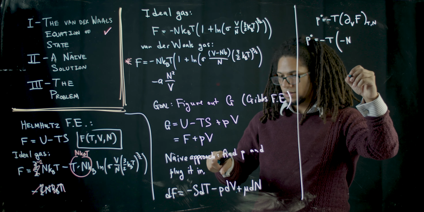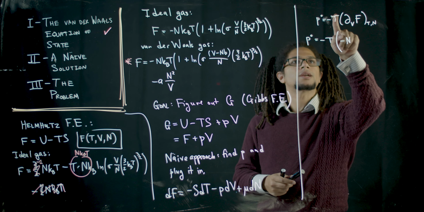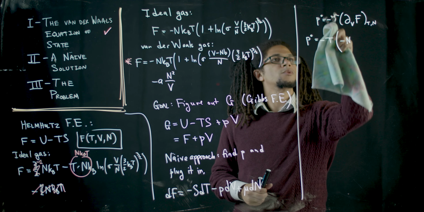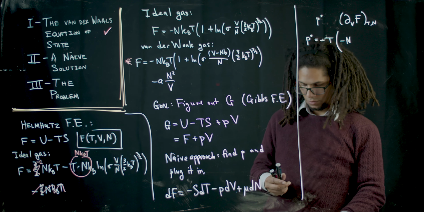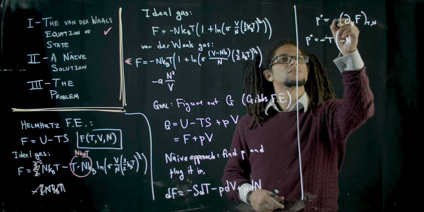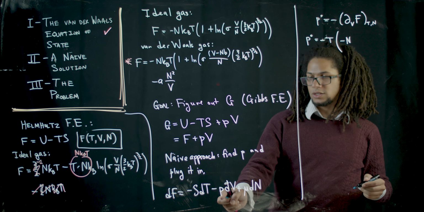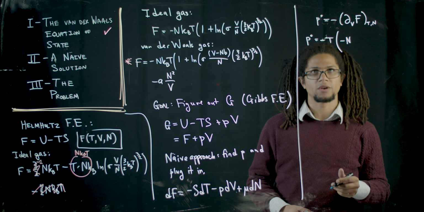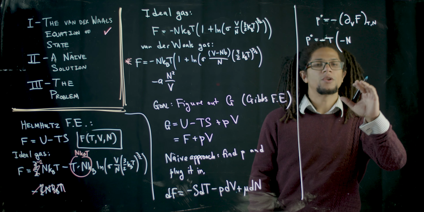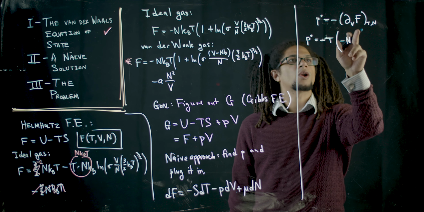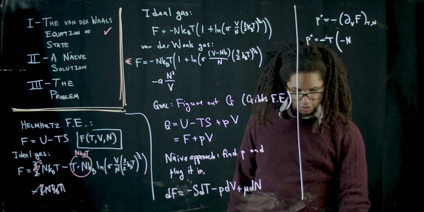And I'm realizing that this T actually should not be here either. The thermodynamic identity suggests that P just is this partial derivative. The astute among you will have noticed that my units didn't work out right on the two sides of the equation. Okay, so get rid of this.